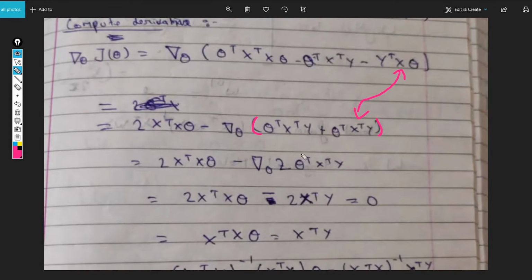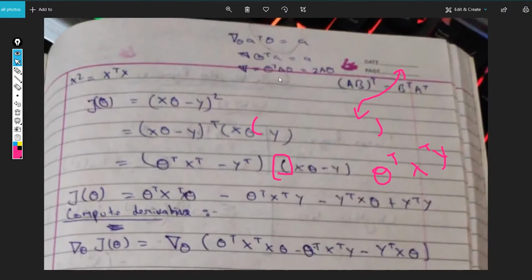What we have done here, we have added them, and in the next part, as you can see here, we have added them, so we have a 2 in front of them. Now we are just going to apply the formula, and what we have here is theta transpose x transpose y. Okay, now let's take a look at the formula.